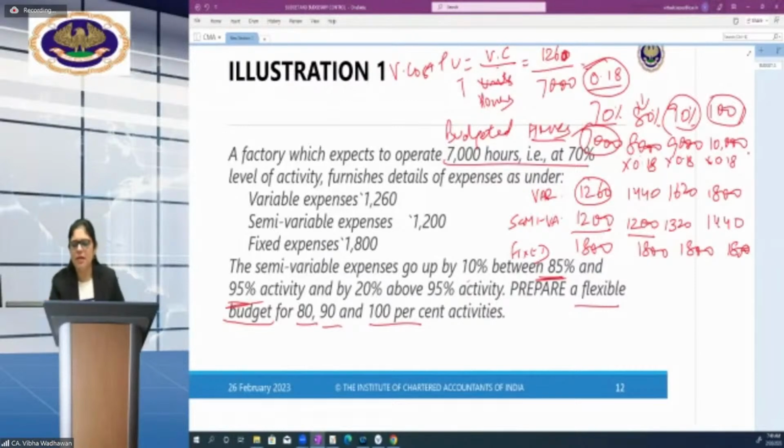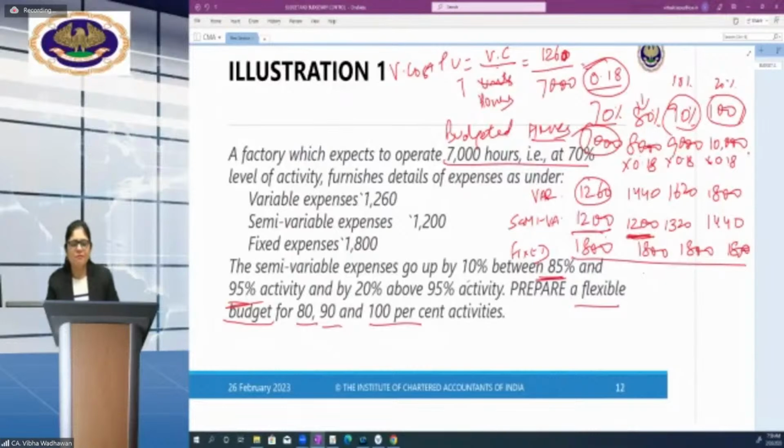I'm repeating. 70% was given as 1200. Till 80%, it will also be 1200, because semi-variable expenses will increase after 85%. So for 90%, we have increased by 10%, and beyond 95%, we have increased by 20%. So this will be the total cost we have with us for 70%, 80%, 90% and 100%.